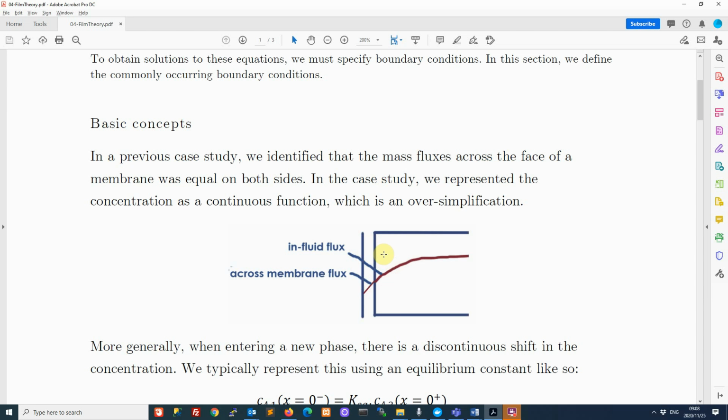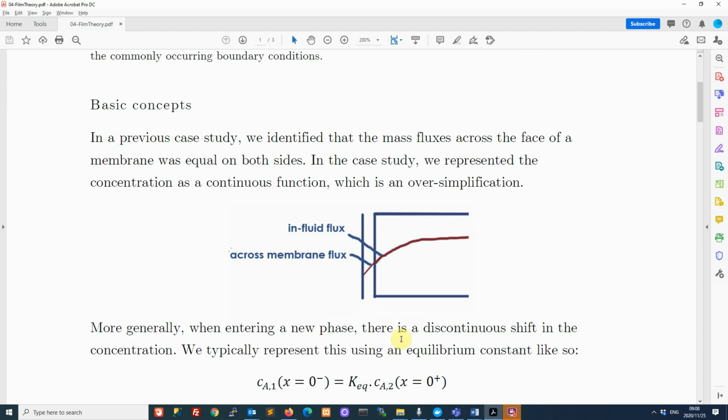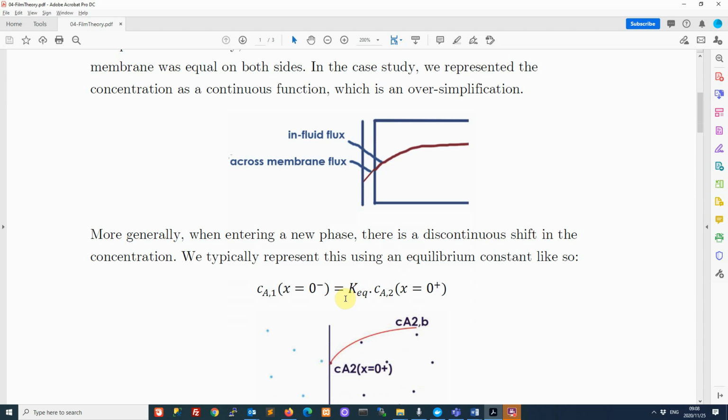So there is a discontinuity in the concentration, and we typically model that using an equilibrium constant. We say that there is still a relationship between the liquid phase concentration and the gas phase concentration, and we can relate those two using some correction factor, and we call that the equilibrium constant.